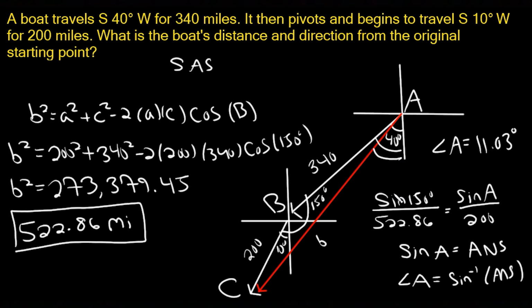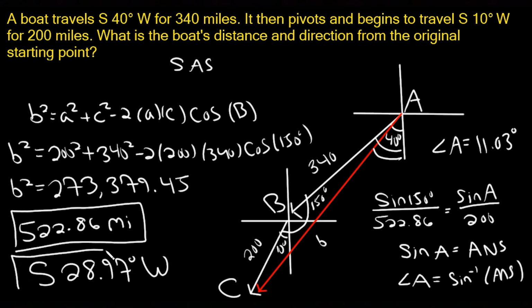That's going in the southwest direction, so I'm going to say south 28.97 degrees west. I do have the angular value in between, and there is my resultant direction.